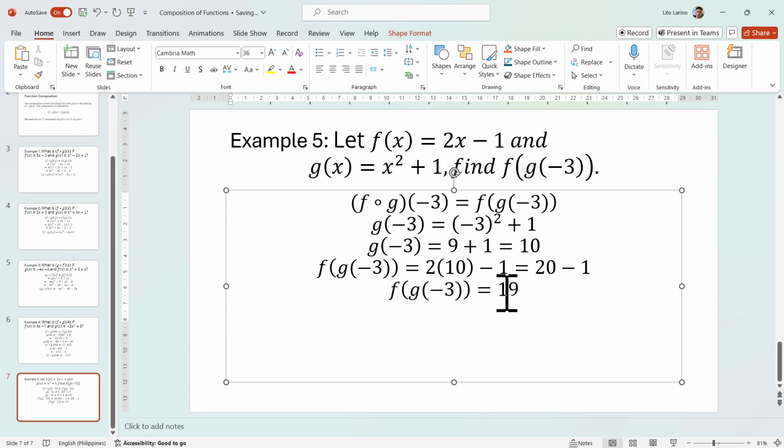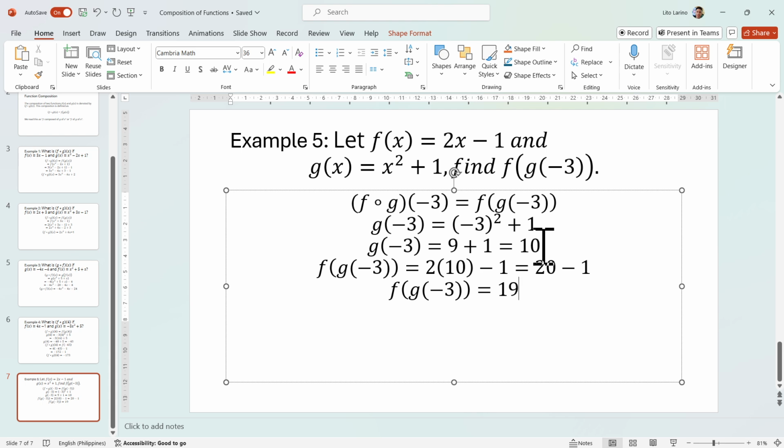Okay? So if we have a specified value of our variable x, in this case negative 3, we first evaluate the second function at the specified value of our variable, which is negative 3, and we did it. g of negative 3 is negative 3 squared, 9 plus 1 is 10. Thus, g of negative 3 is 10.